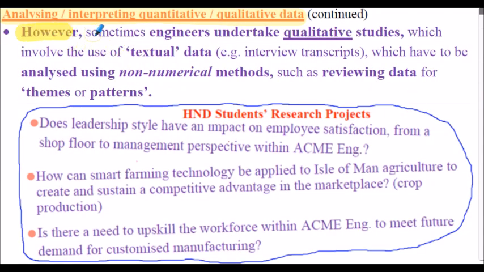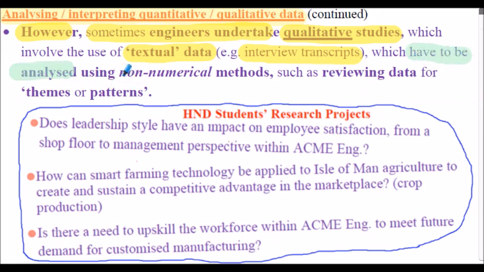However, sometimes engineers undertake qualitative studies, and these involve the use of textual data, for example, data extracted from interviews that have been transcribed, often termed interview transcripts. So such data have to be analysed using what's termed non-numerical methods, such as reviewing data for themes or patterns.